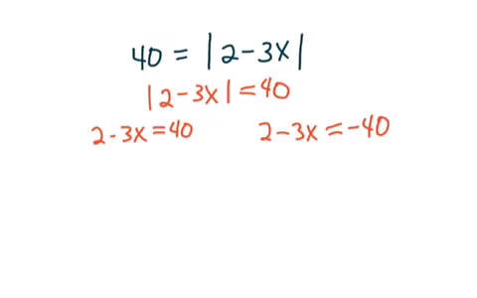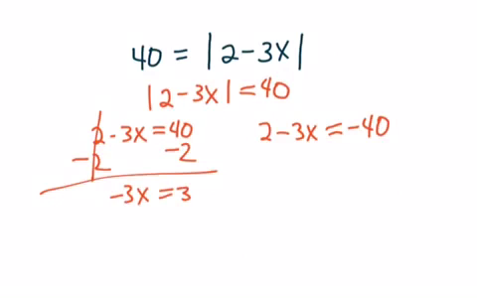So solving the first one, minus 2, negative 3x equals 38. So divide by negative 3, x equals negative 12.7. So that's one answer.